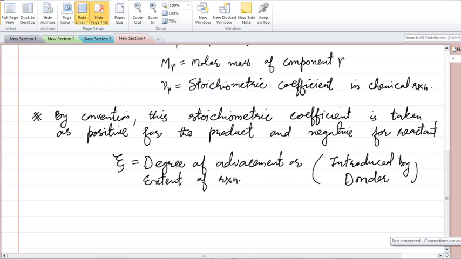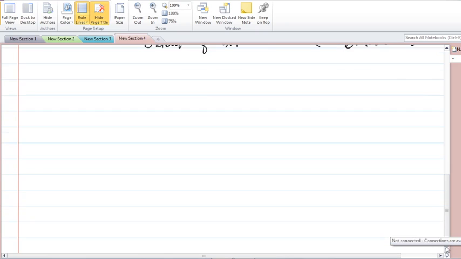Okay. Now, to understand this equation first, we will simply take example here. Suppose a reaction is going on, nitrogen plus 3 times hydrogen gives 2 times ammonia.